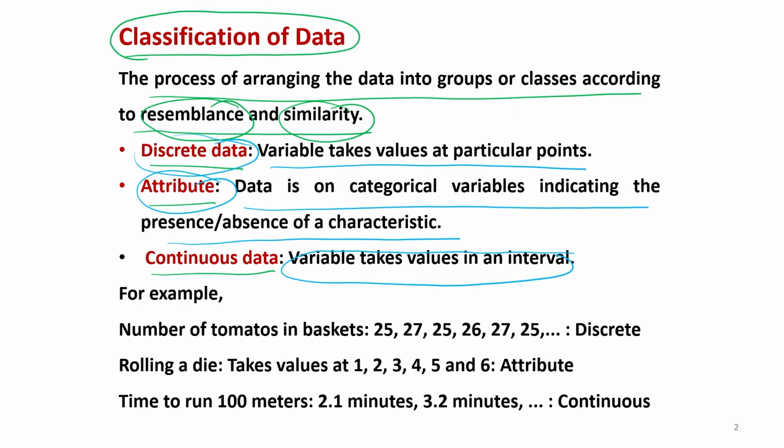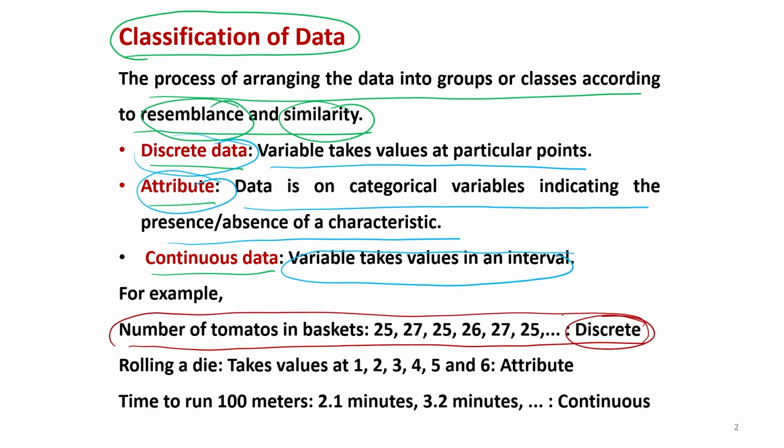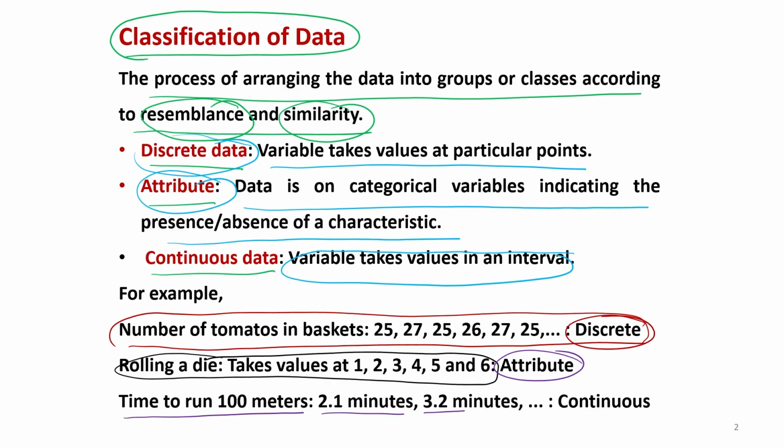If I want to find the number of tomatoes in a basket, which can be something like 25, 27, 25, 26 and so on, then this is a discrete variable. Similarly, if I roll a die and observe the value on top, these values can be 1, 2, 3, 4, 5 or 6. So this is an attribute. And if I try to find out the time to run 100 meters, that can be 2.1 minutes, 3.2 minutes, 2.2 minutes, etc. So this is a continuous variable.